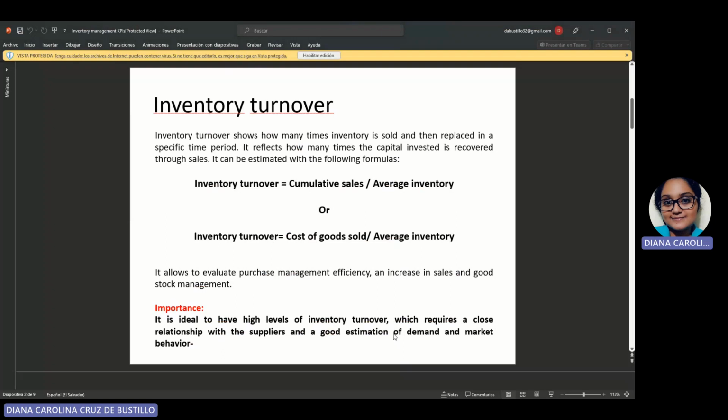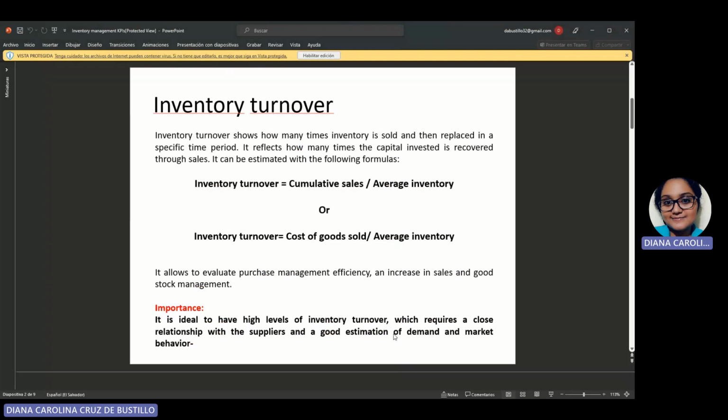It's pretty much a KPI that is related to inventory liquidity, right? How fast you can get your money back, because remember that inventory is money that you have paralyzed until you finally end up turning it into sales, right? So this measures how good you are at doing that.